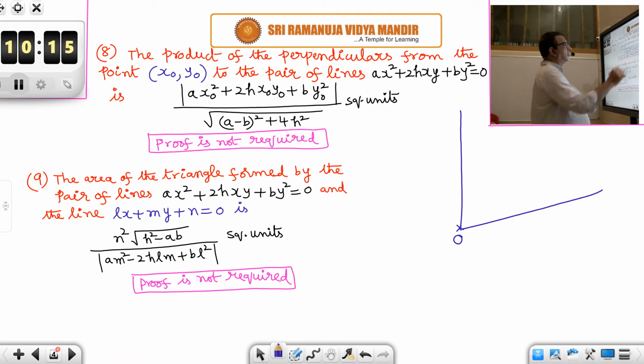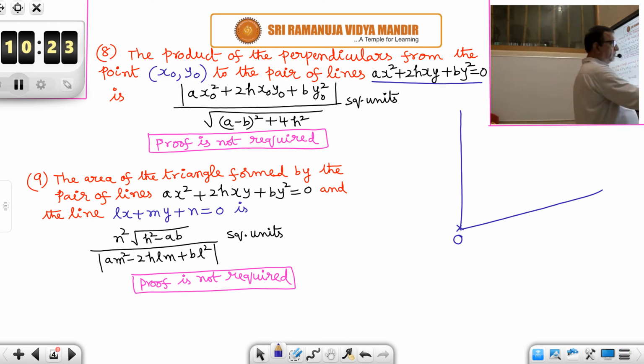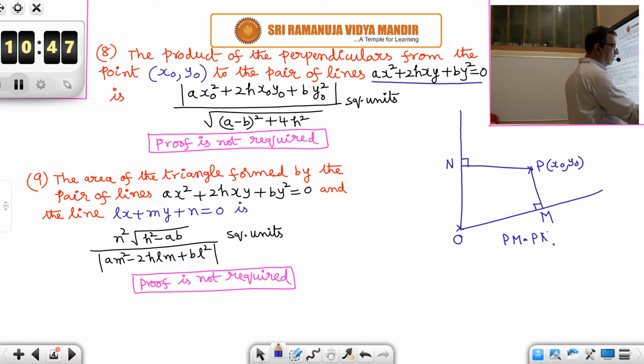Blue lines are given by this equation, ax square plus 2hxy plus by square is equal to 0. Suppose a point is given here x0 y0. From x0 y0 we can drop a perpendicular PM to one of the lines and PN to the other line. What we want is PM into PN. PM length into PN length. That is called the product of the perpendiculars.